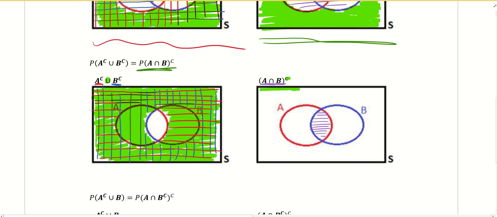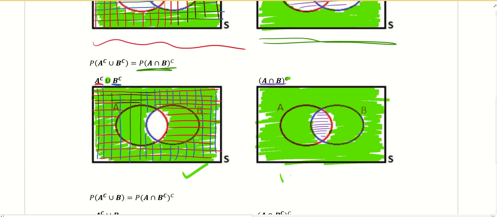And we're going to see, once again, that the area in green that I'm shading in this second diagram is going to be equivalent to the area in green that I shaded in that first diagram right next to it, which visually means that these two areas are equivalent. This area in green here is the same as this area in green here. We just got to it in a different way, which means that the corresponding probabilities are the same.